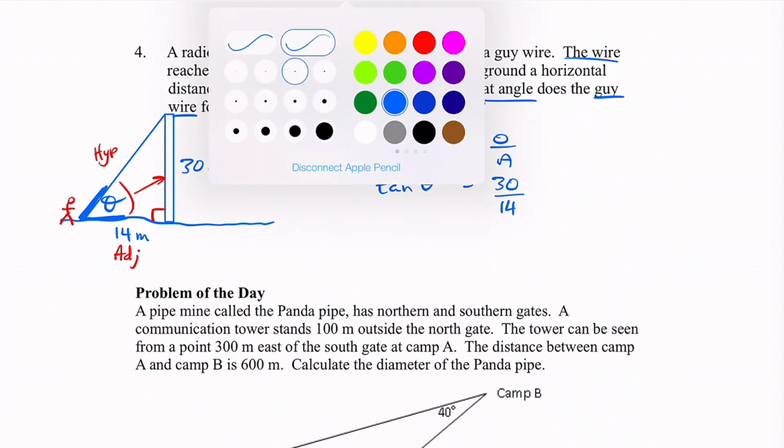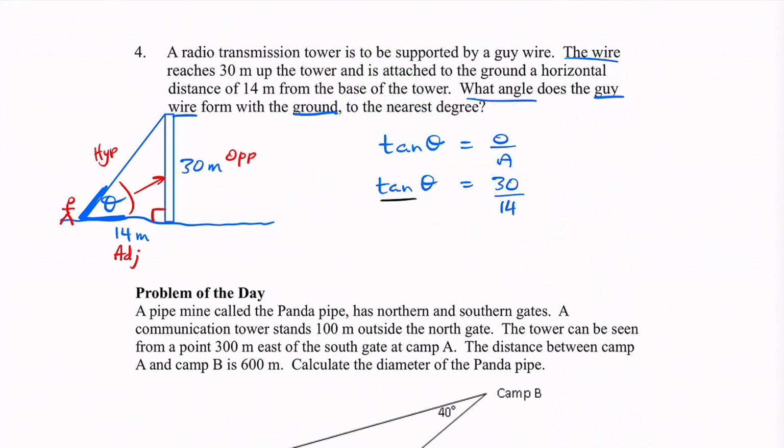But we do have to get rid of that tan theta right there. And the opposite of tan was tan inverse. So we take tan inverse and do it on the other side. Tan inverse of that, and tan inverse will cancel. So then I just have theta coming down. And on the other side, we got tan inverse of 30 over 14.